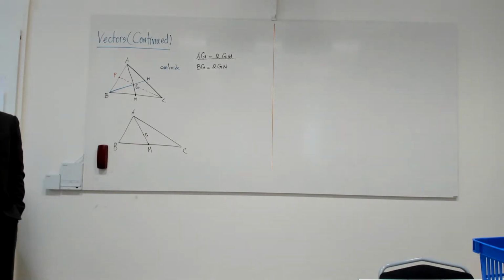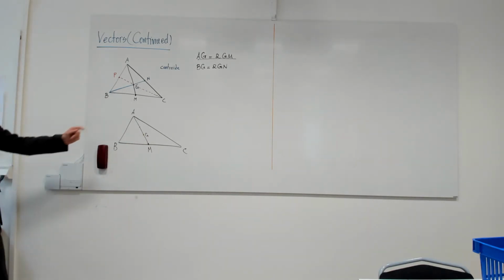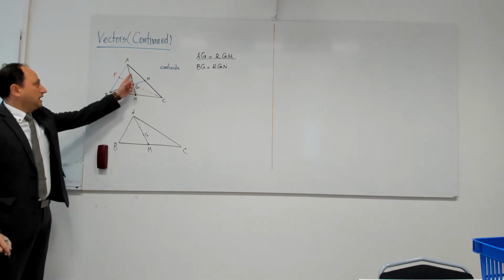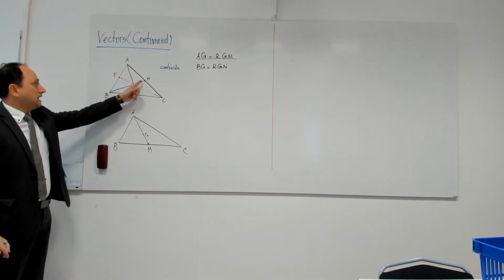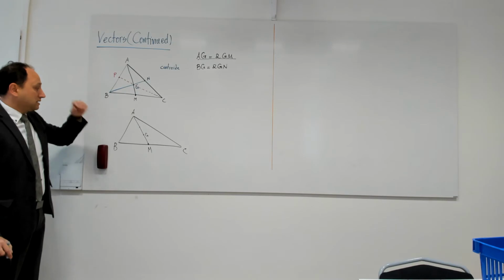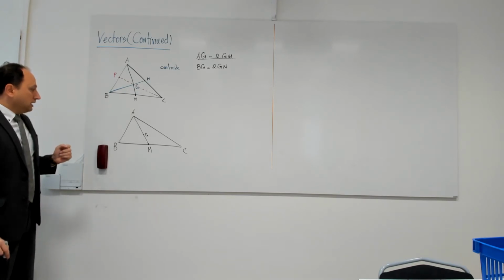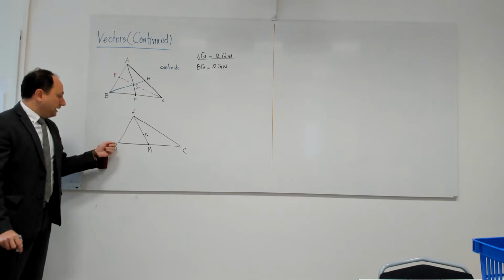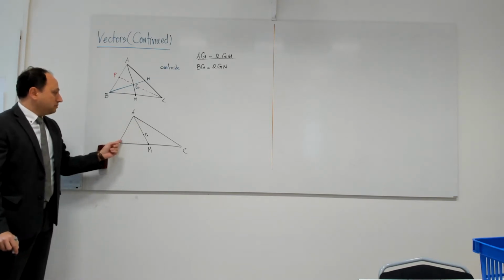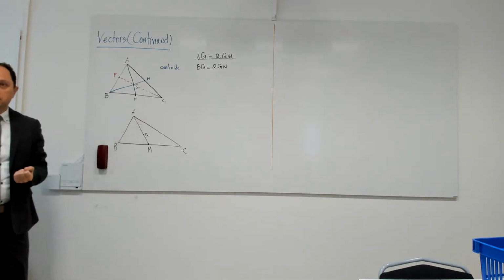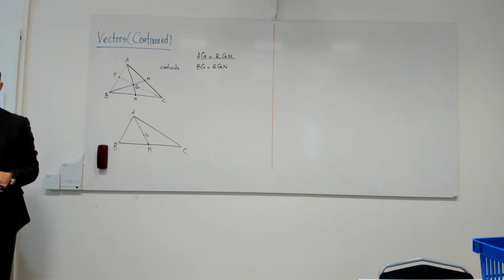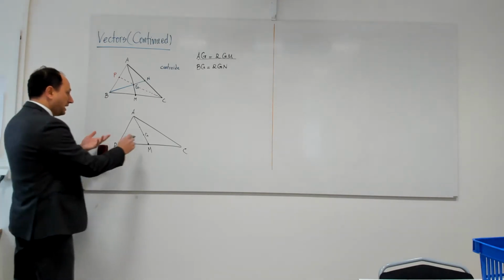Okay? So, but we showed that AM and BN intersect exactly at point G. Okay? So, where is this BN supposed to pass? Yes, it should pass at a point.